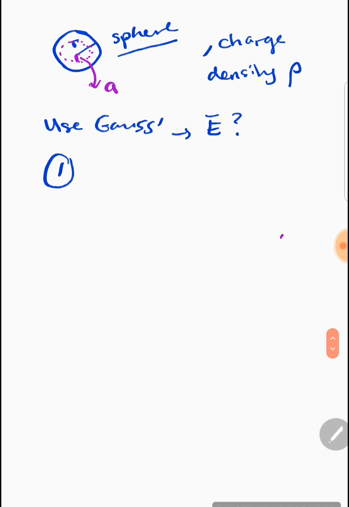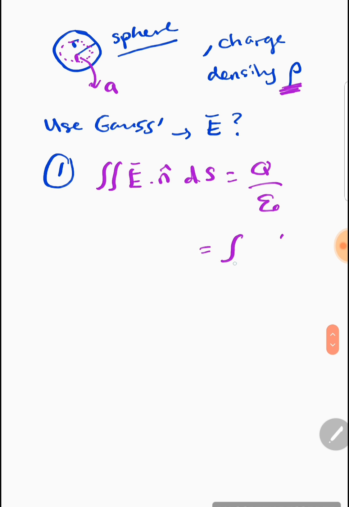Once we have chosen the point, we go by my E dot n cap dS equals Q over epsilon naught, right? And since they give you the volume charge density of rho, basically, if you recall, this also means I have rho v dv over epsilon naught.